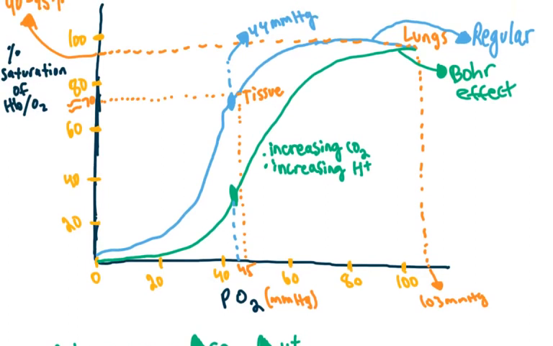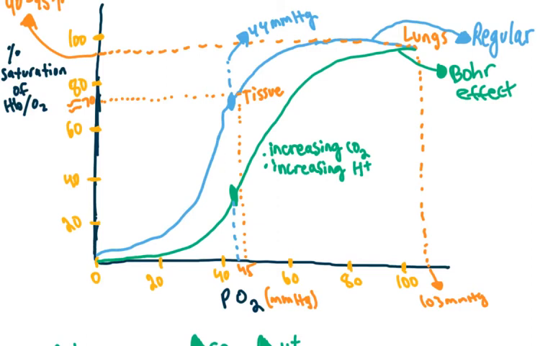So at 44 millimeters of mercury of partial pressure of oxygen, at the same place near our tissue, if it was just a regular curve, a regular reaction between the red blood cell and a regular tissue cell, we would see the percent saturation is around 68, with the same partial pressure of oxygen of 44. But if at that same instant we increase the production of CO2 inside the muscle cell, that will lead to an increase of H plus also inside the red blood cell eventually, and we'll have much more competition for the oxyhemoglobin in that red blood cell.